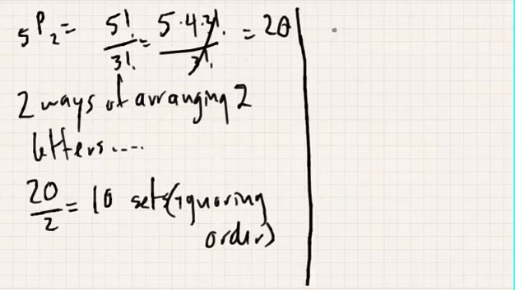Let's use a similar sort of idea. How many ways can I find a 3-element subset?